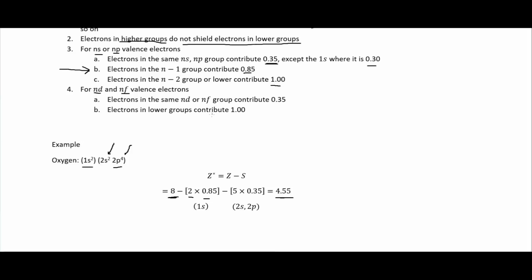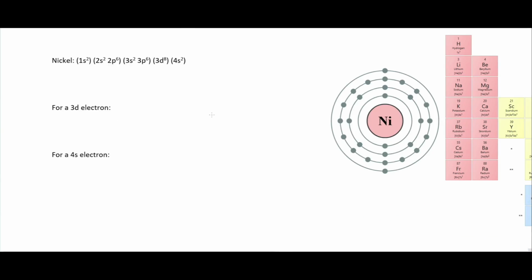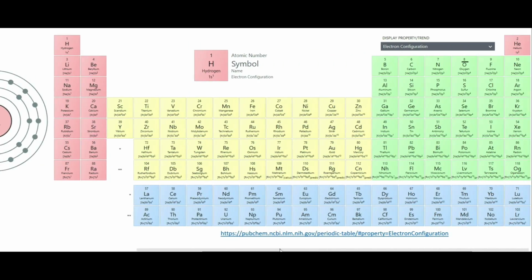And so we can look at another example here. We're going to look at nickel. For nickel, we can look at a 3d electron and a 4s electron. This is the 3d, this is the 4s. Nickel has 28 total protons.